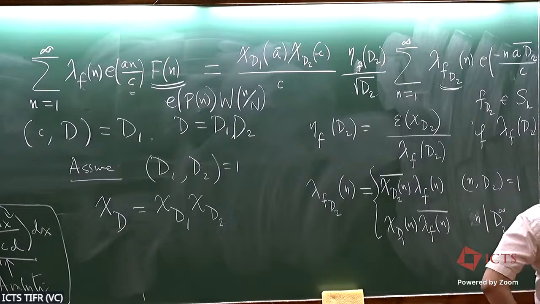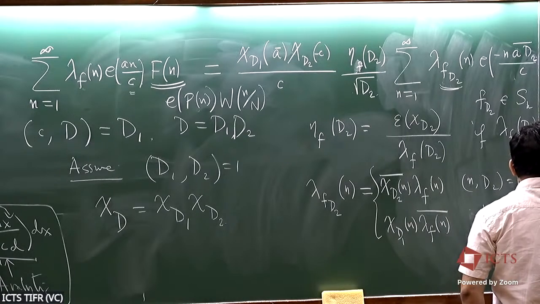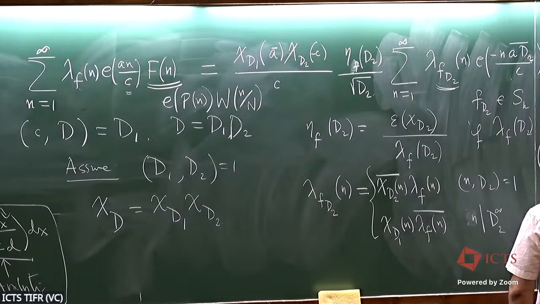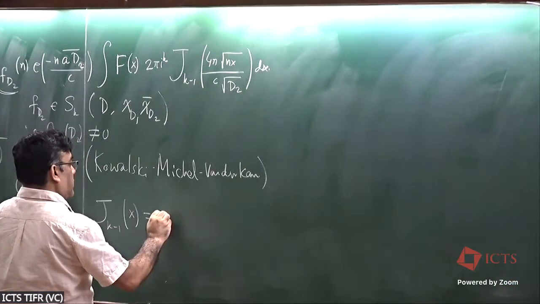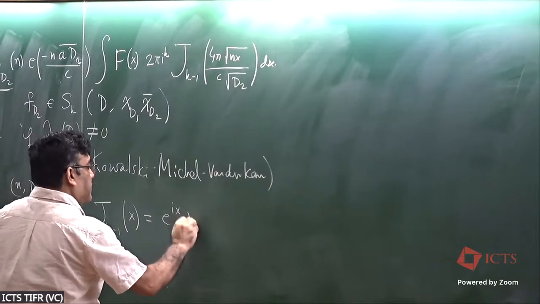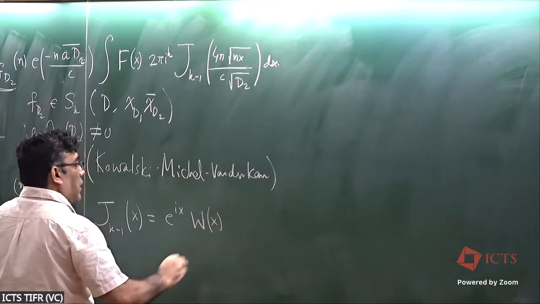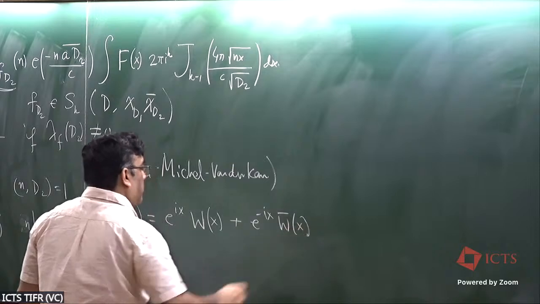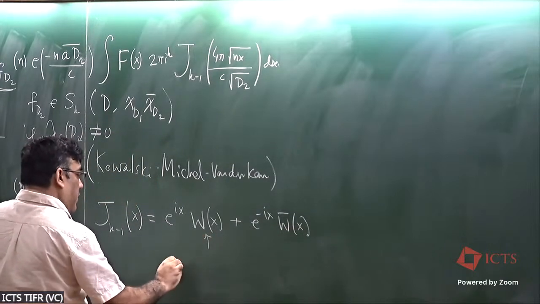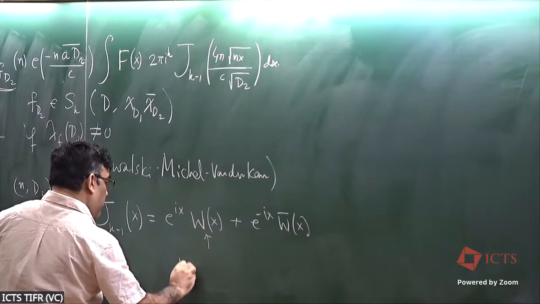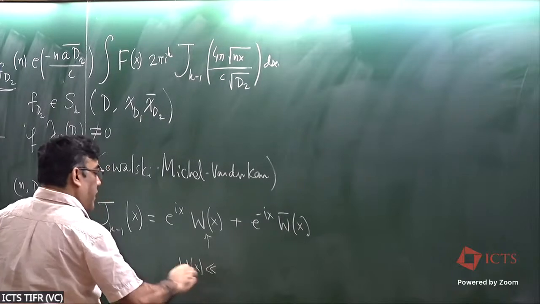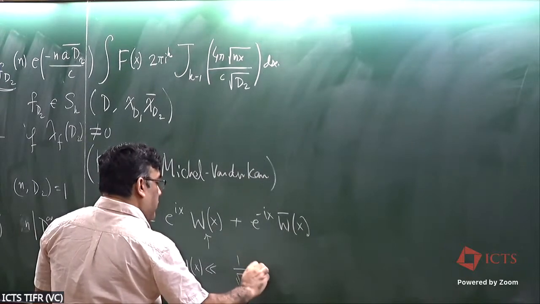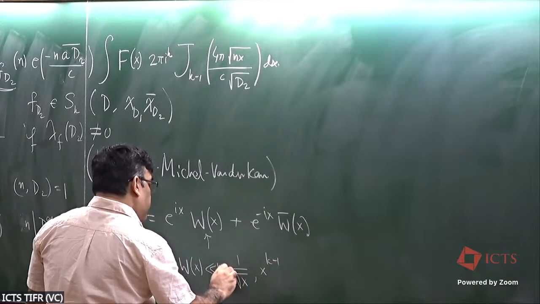And basically for here, what you need is that the Bessel function J_{k-1}(x) is e to the power ix times a function W plus e to the power minus ix, conjugate of that function W, where this function W is a smooth, nice function, which is bounded by 1 by square root of x, or x to the power k minus 1, minimum of these two.